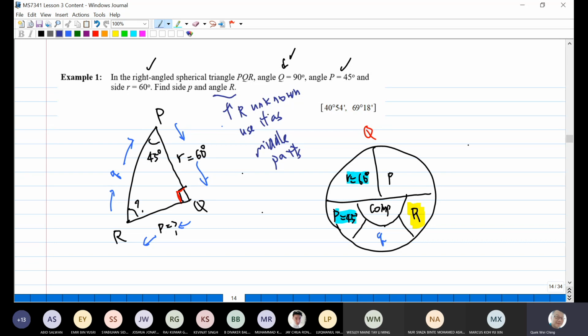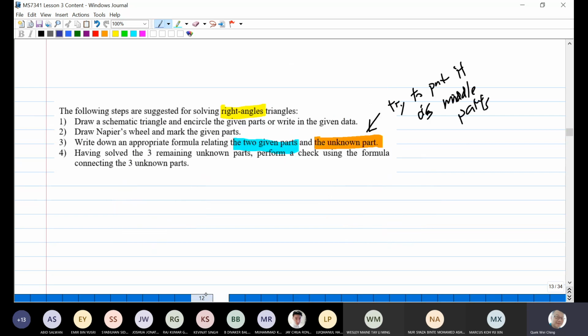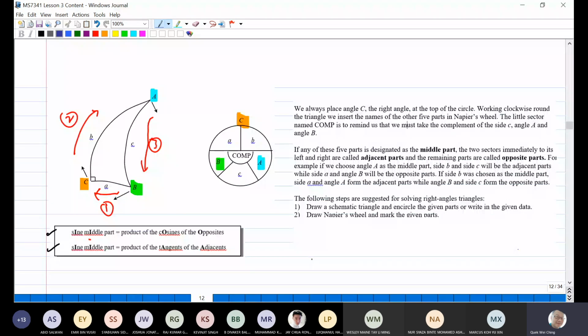Therefore you can use R first. R's opposites are 60 and 45. So we use a formula: sine of the middle. Let me copy the sine of the middle formula first to show you.